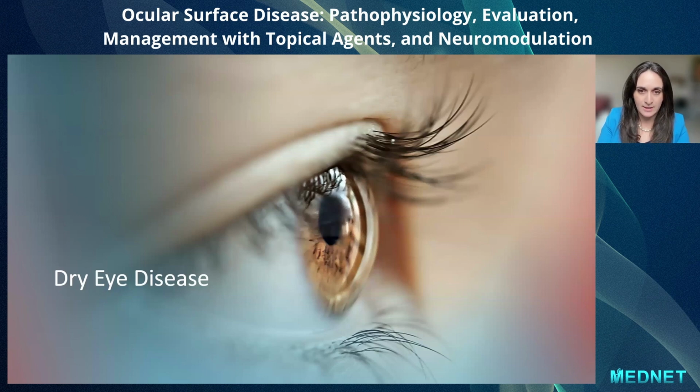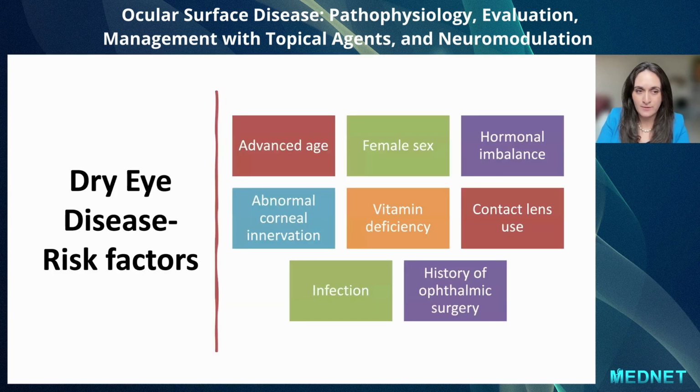So what is dry eye disease? The risk factors for dry eye disease include advanced age. There's an increased predilection in females. It's increased with hormonal imbalance. Abnormal corneal innervation increases your risk for dry eye disease, which can be caused by multiple different things.